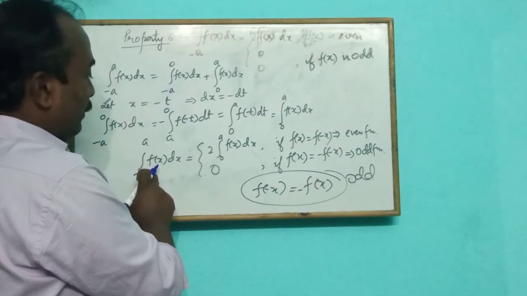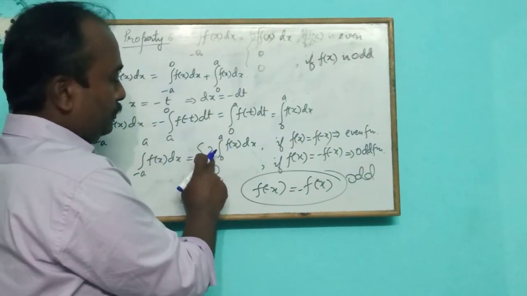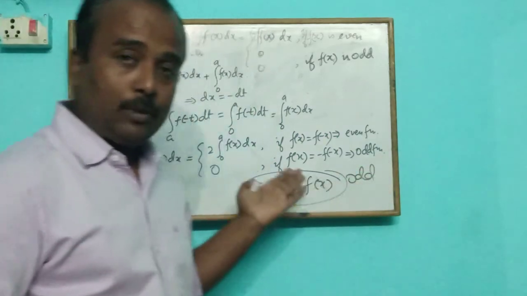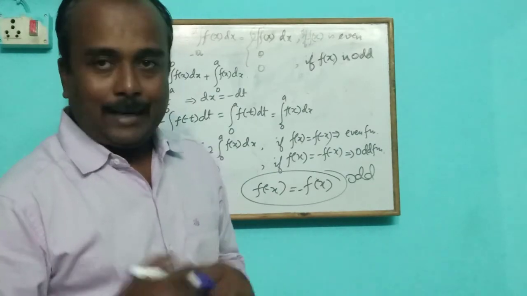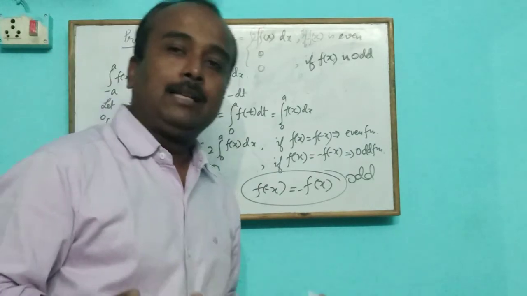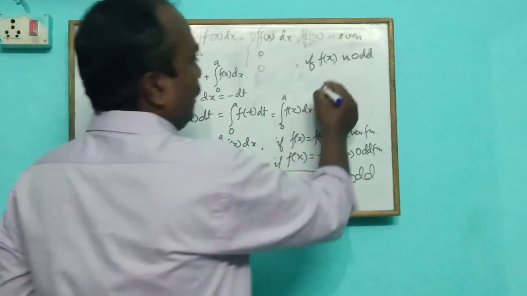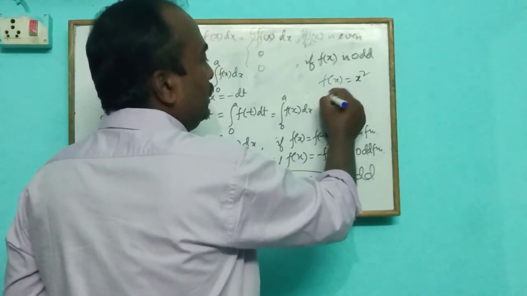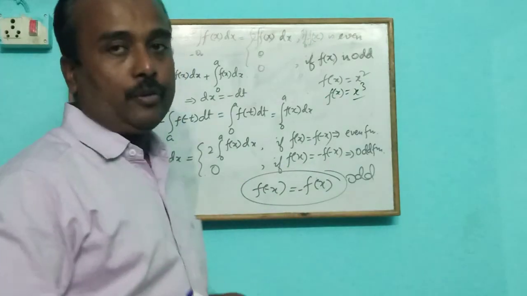If f(x) is even function, then it is twice of 0 to a. In this context, an example of odd function is sin x, and example of even function is cos x. Or f(x) equal to x square is an even function, or f(x) equal to x cube is an odd function.